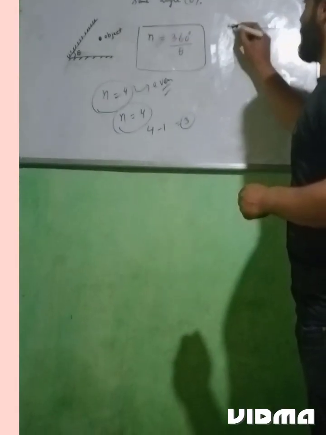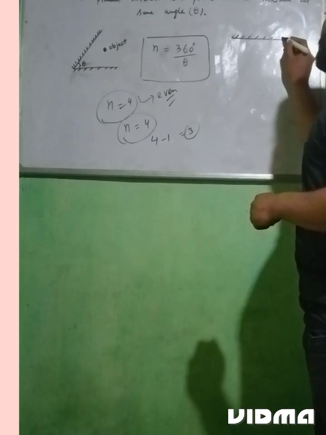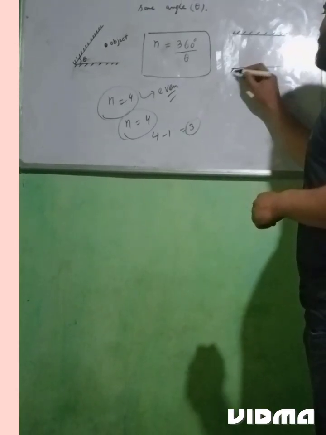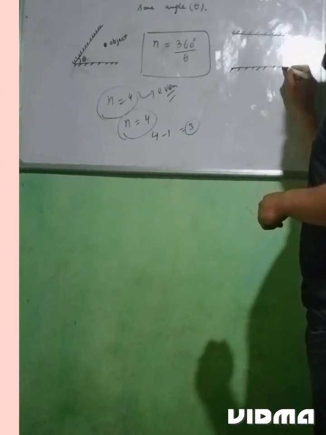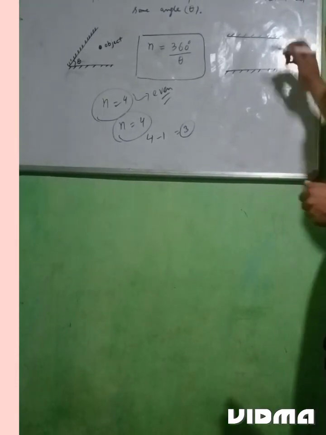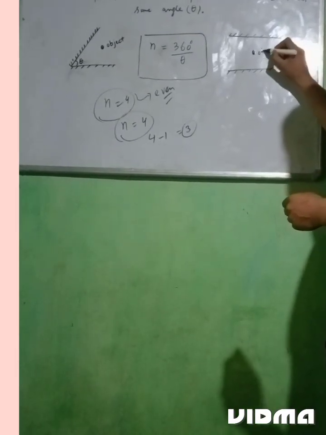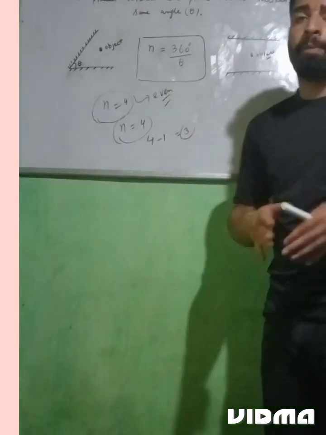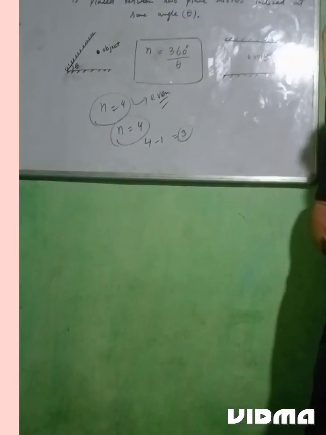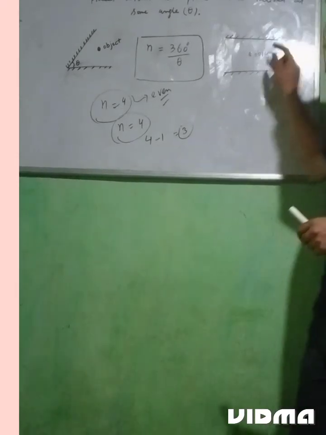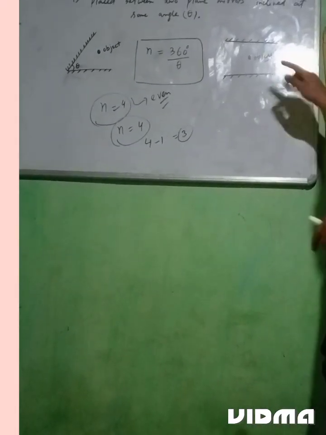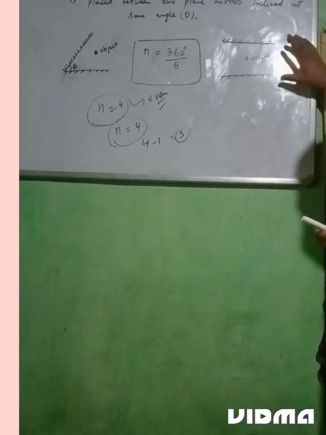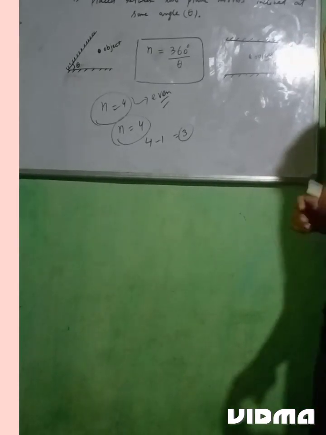In the same way, for example, we have two mirrors here, in this way, and object is placed in between them. We have to calculate number of images of this very object. We know that in between parallel lines, here these are parallel mirrors, the angle is 0 degree.